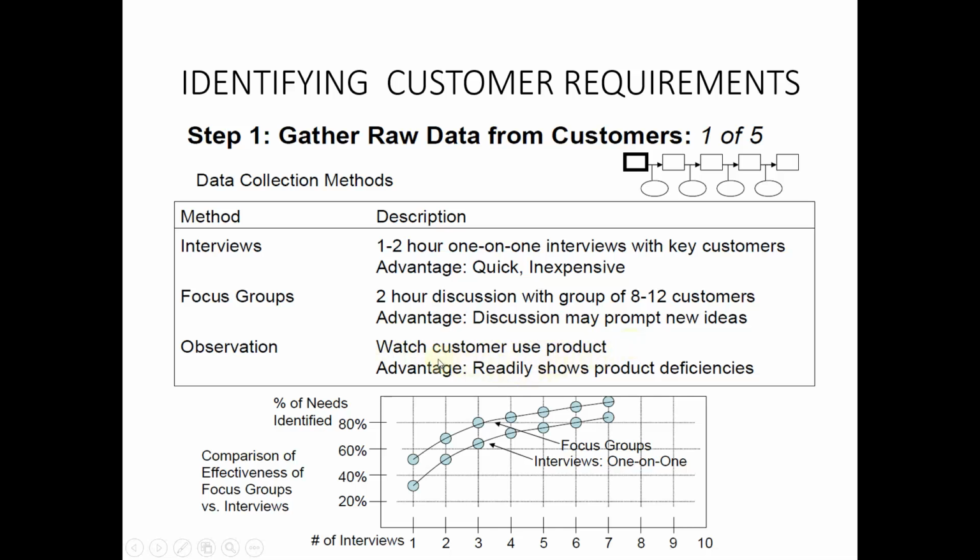Since that testing is conducted at the customer premises and in actual conditions, it shows the product deficiencies. So that is the advantage. The product deficiencies or the changes that are to be made in the product are shown readily, so that the design engineer can make these changes accordingly and release the product to the market.